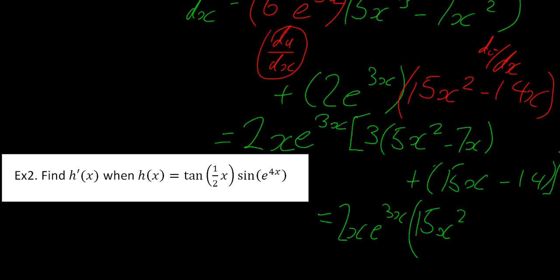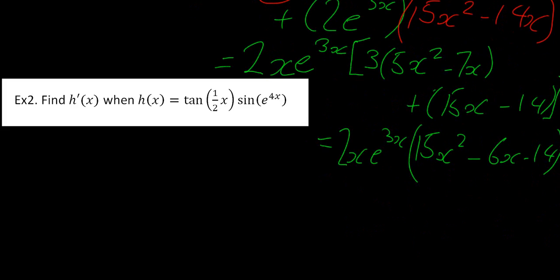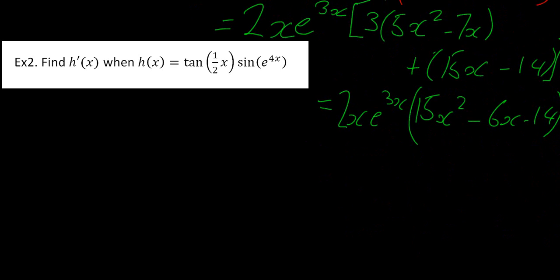My linear terms, so over here, 3 times negative 7x is negative 21x, plus 15x is going to give us minus 6x minus 14. Okay, and that should be the end of that. Or yeah, it doesn't look like there's any common factors here. We're just going to leave it at that.